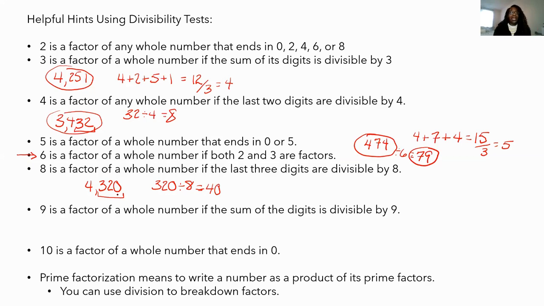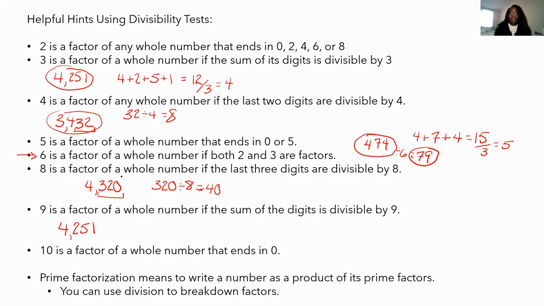So now we're looking at 9. So 9 and 3 are very similar. Just like how 4 and 8 has a little similarity, but 9 and 3 are very similar. So if I use the same number, 4,251, okay? We did this earlier.